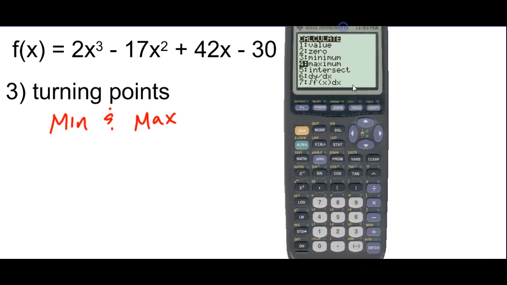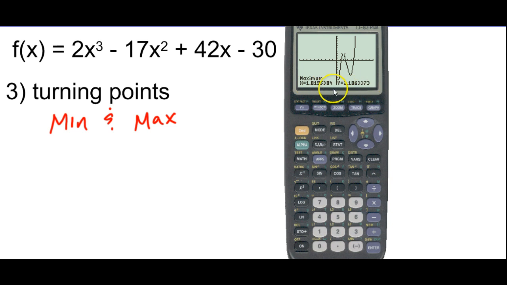We go to max, our high point. The left bound would be on the left side of it, and the right bound on the other side. Press enter, enter. Your maximum point, or your turning point, is this ugly number right there.